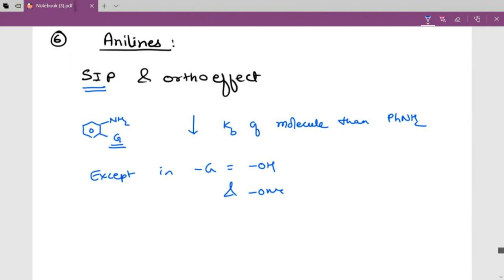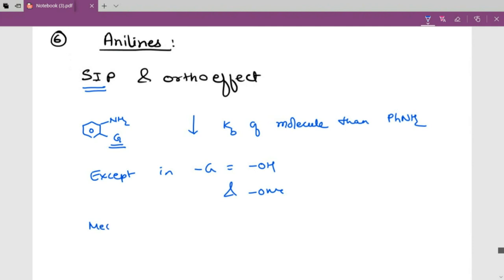In case when G is OH or OMe, then the ortho effect won't work. And then what will be the orders?